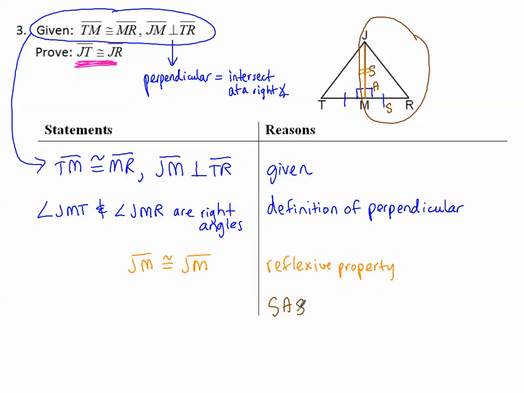Side angle side tells me triangle JMT is congruent to triangle JMR. Now that I've said that, I've got my corresponding parts. JT and JR are congruent segments. Segment JT is congruent to segment JR because corresponding parts of congruent triangles are congruent. Yay!